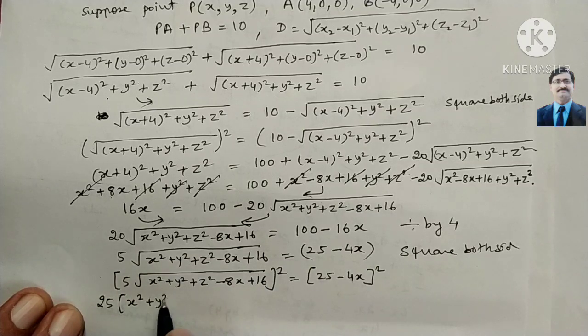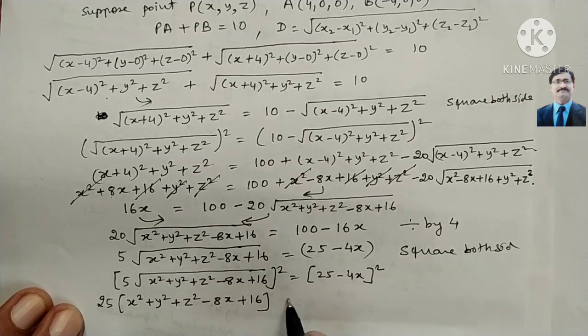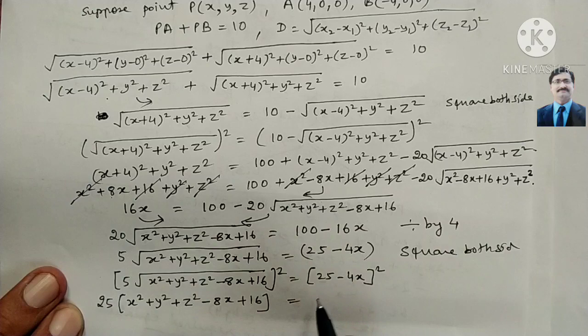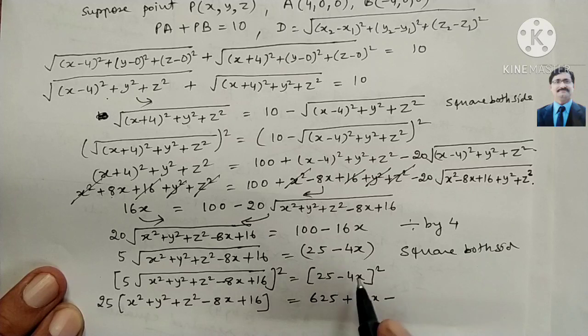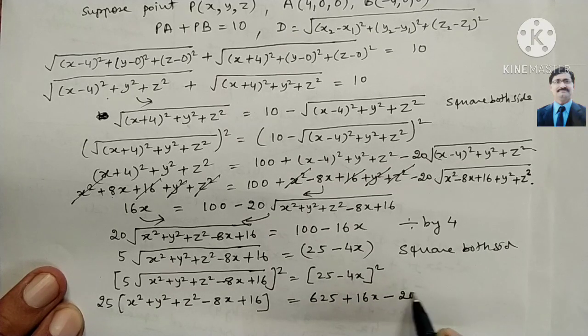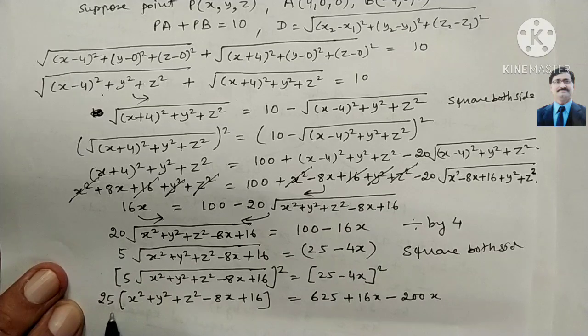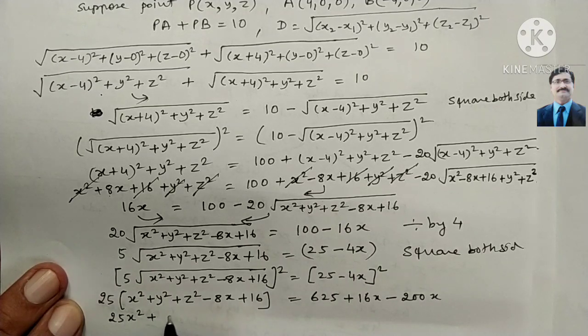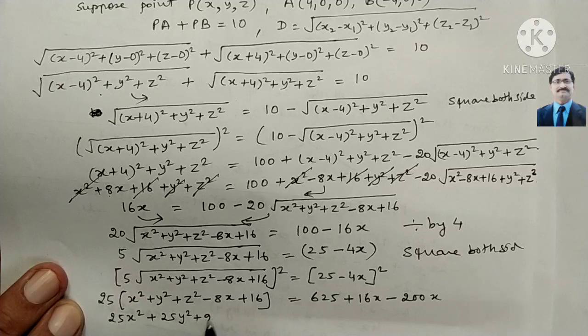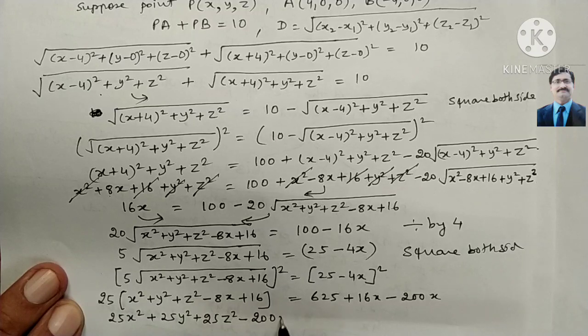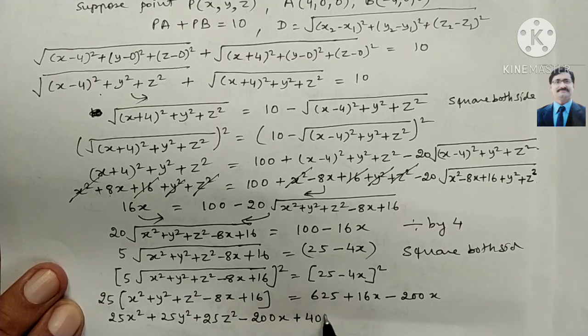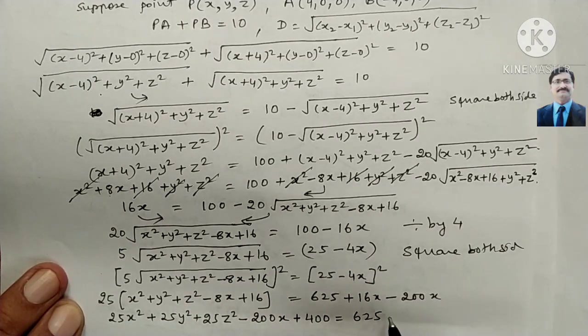We get x square plus y square plus z square minus 8x plus 16, and on the right we use (a minus b) whole square: a square is 625, b square is 16x square, and 2ab is 25 into 4 is 100, into 2 is 200x. Now we multiply. We get 25x square plus 25y square plus 25z square minus 25 times 8x is 200x, and 25 times 16 is 400, equal to 625 plus 16x square minus 200x.